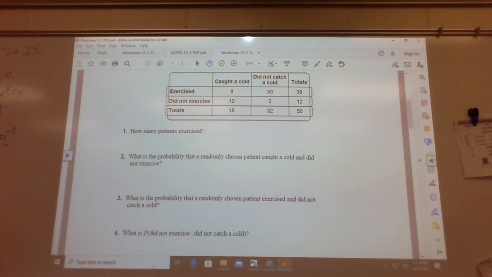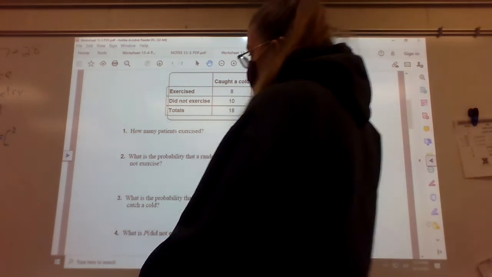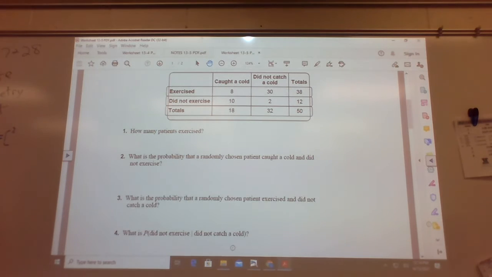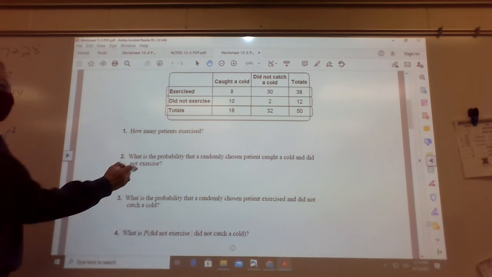We're going to answer these questions based on that. Now, it's not like a lot of the worksheets where the front is one type and the back is the other type. These are all just kind of mixed up. So number 1, how many patients exercised? This is just a number. What's my total exercised? 38. So that's my first answer, just 38.